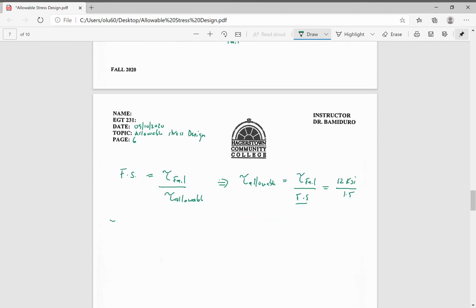Therefore, our tau allowable equals 12 times 10 to the third divided by 1.5, and that gives us 8 ksi. I'm sorry, not pounds, but pounds per square inch, psi. So that's going to be our tau allowable.